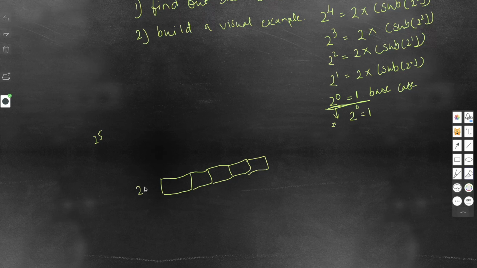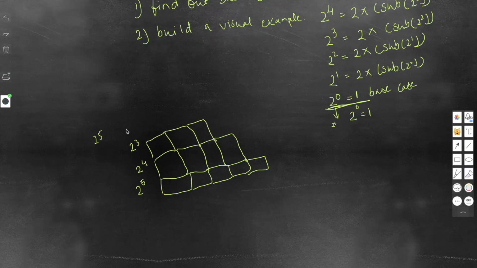Fine, 2 to the power 5. For 2 to the power 4, randomly I'm making a 4 box. For 2 to the power 3, randomly I made a 3 box. For 2 to the power 2, I made 2 box. For 2 to the power 1, I made 1 box. And I know the answer of 2 to the power 0 is 1.